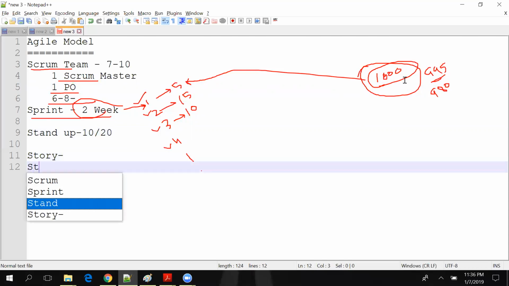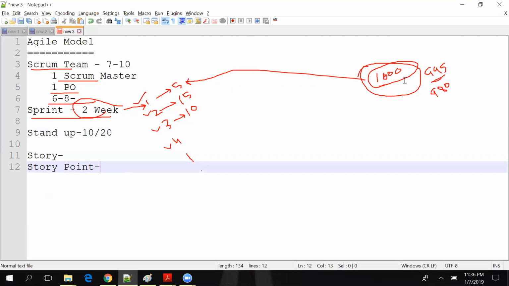Now there is something called story point. What is a story point? Against each and every story, you have to give some point. For example, there are 1,000 stories, 1, 2, 3, 4, 5, 6, 7, like this till 1,000.